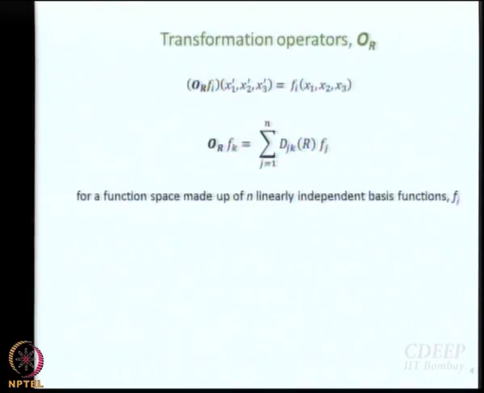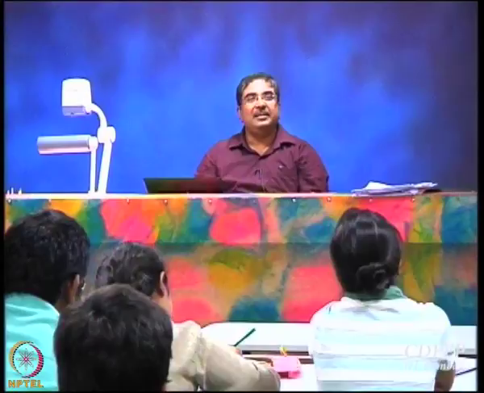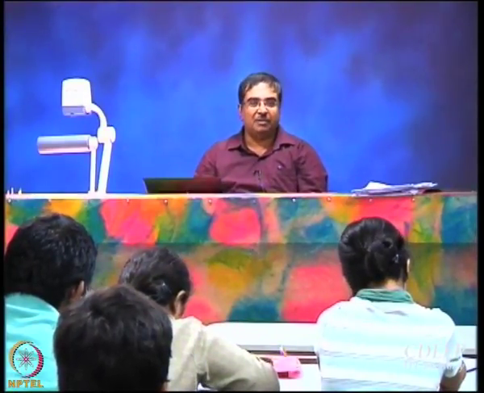What had we defined earlier? For every symmetry operation R, had we not worked out the transformation matrix and called it D(R), remember capital D and capital R in brackets, right or wrong? Remember, the transformation matrix. Now, all we are saying is that we can write the same thing in an operator form. After all, what is an operator?